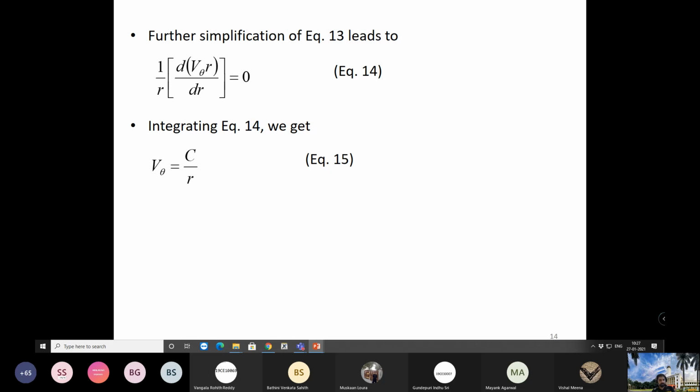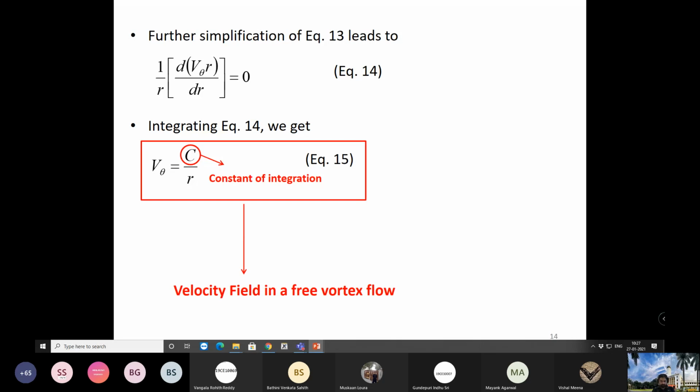This is what we obtain in free vortex flows, and this C is the constant of integration. This is the velocity field in a free vortex flow. This is one important thing that you must remember: in a free vortex flow, the tangential velocity V theta is C by r.